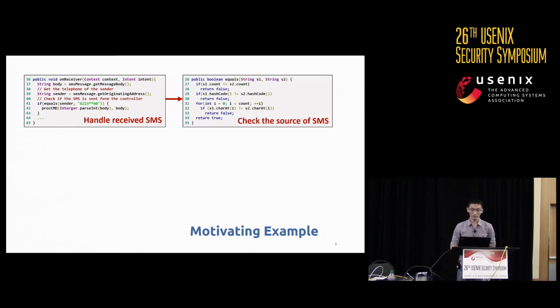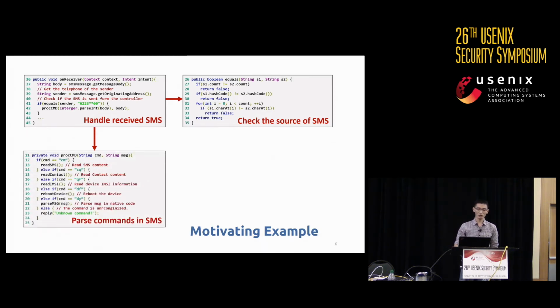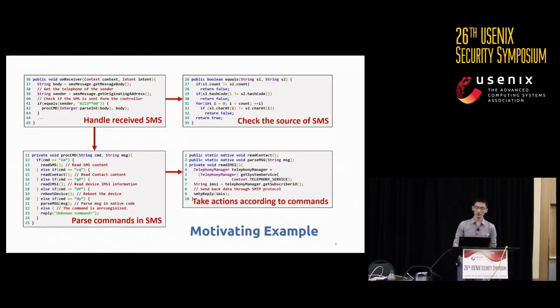Note that it compares the hash values of the telephone numbers instead of comparing the strings for checking. If the short message is from the remote control, it will parse the remote command in the content of the short message, and then invokes the method readSMS to process this command. There are 5 different commands that can be processed by this malware, and the actions of these 5 commands are implemented by both Java code and native code.